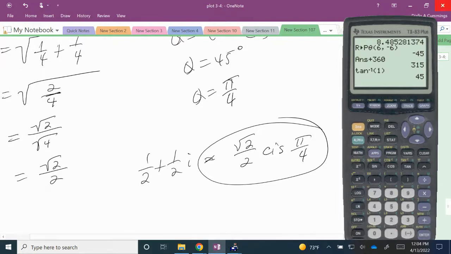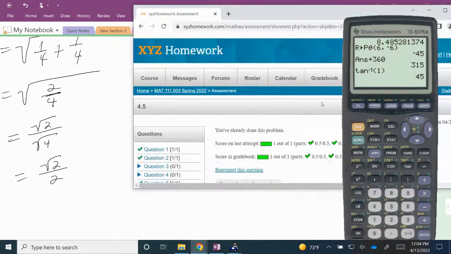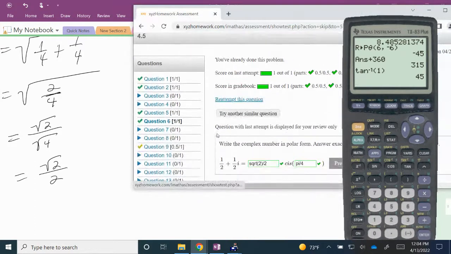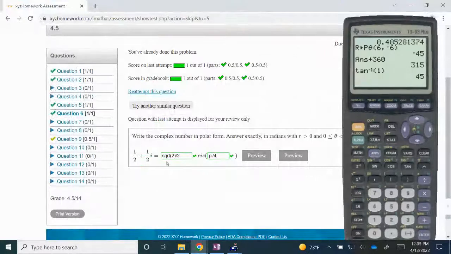All right, so taking a look at problem number 6, we have square root of 2 over 2 cis pi over 4.